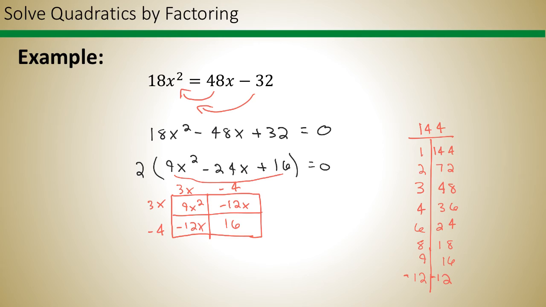So my factors are going to be 2, 3x minus 4, and 3x minus 4 equal to 0, and I'm going to set all of these factors equal to 0.